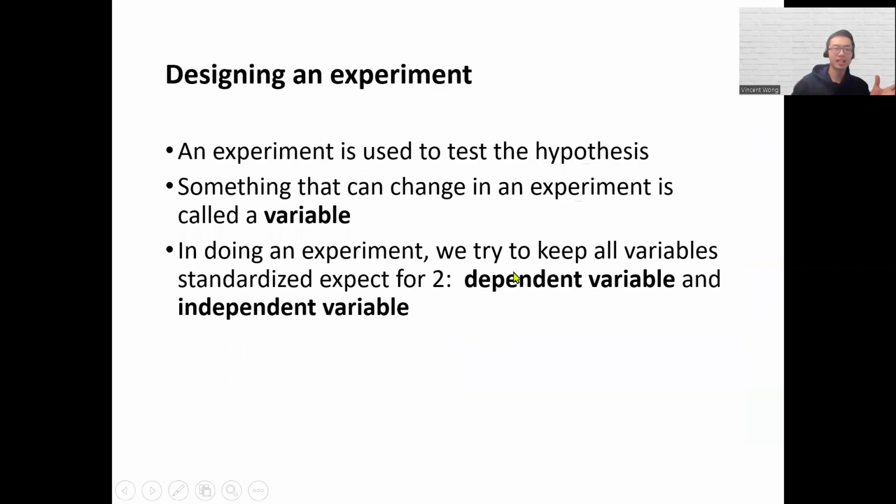All right. So designing an experiment. This is one of the most confusing things for many students. When you design an experiment, we use the experiment to check the hypothesis to see if it's correct or if it needs to be tweaked, right? And when you conduct an experiment, there are many things that we can change, and something that can be changed is called a variable.